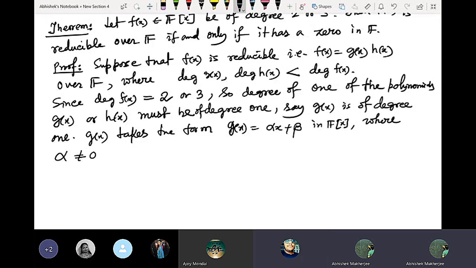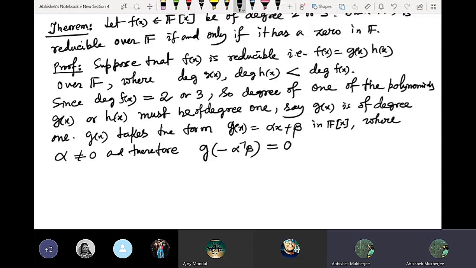Therefore, if we evaluate g at -α⁻¹β, what will we get?